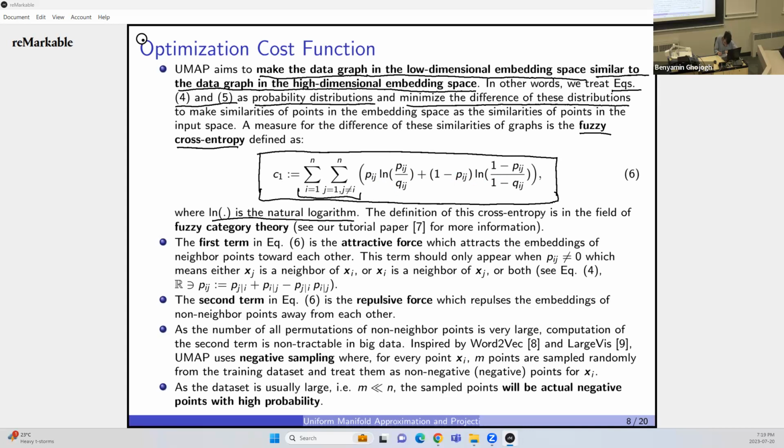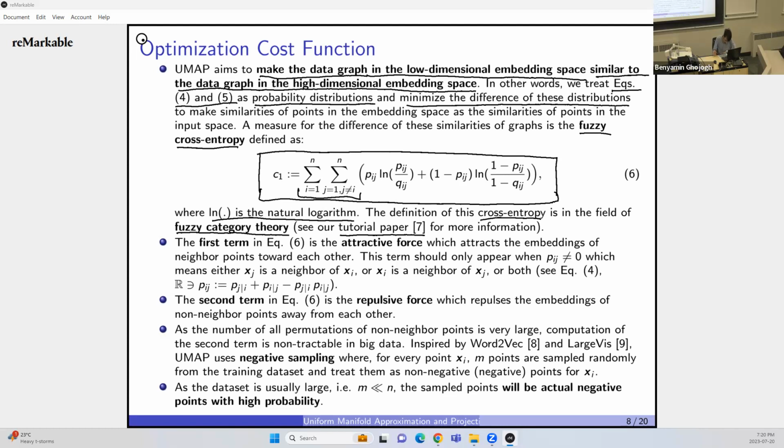The definition of cross entropy is in the field of fuzzy category theory. Category theory is one of the fields in pure mathematics, I think. For more information, you can see our tutorial paper. We talked a bit about category theory and fuzzy category theory in that tutorial paper on UMAP, named Uniform Manifold Approximation and Projection (UMAP): Tutorial and Survey.